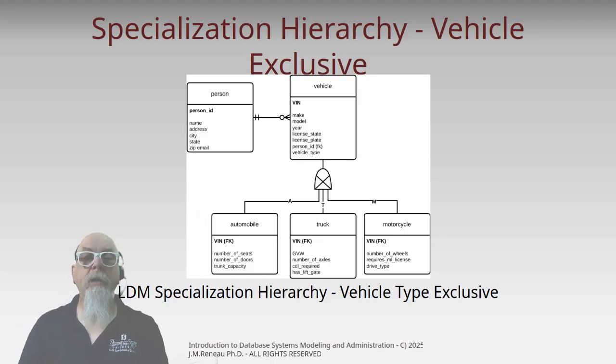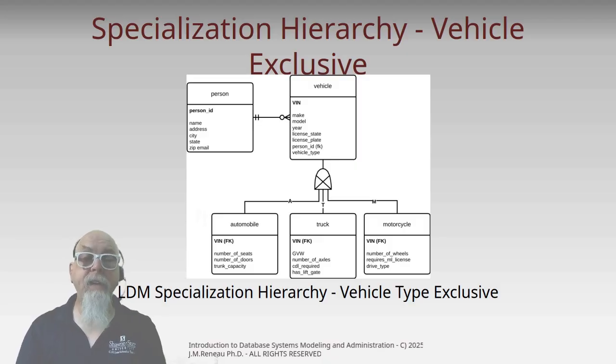So we can see that a vehicle can be either an automobile, a truck, or a motorcycle. And we do have in the vehicle table an attribute that says vehicle type, and that would be either an A, T, or an M, so that we know which of the subtypes it happens to be. So the automobile table contains the foreign key to the vehicle table, because an automobile is a vehicle.